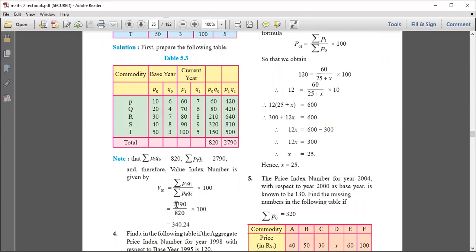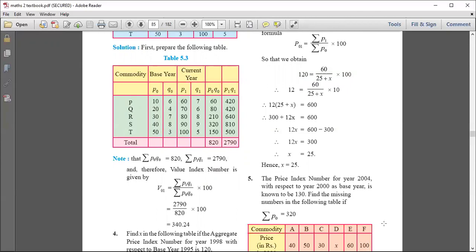Basically in 2790 upon 820, we can cancel a 10 from here. What will remain is 279 upon 82 into 100. 279 into 100 will give me 27,900 divided by 82. I'll share the log table with you, and we'll solve this by log so that you understand how to do it.